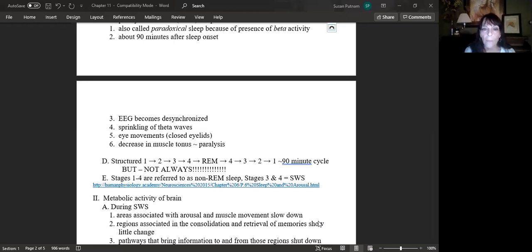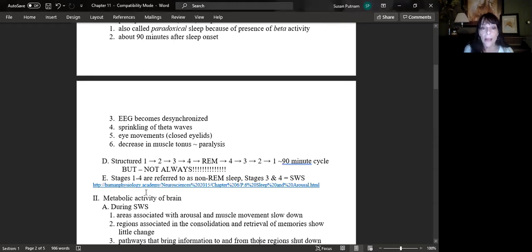They're random. They're fast though. And you have the presence of something called sawtooth waves. Here's an example right here towards the end, and another example. So those are illustrations of the different types of brain waves that we'll see in the different stages.